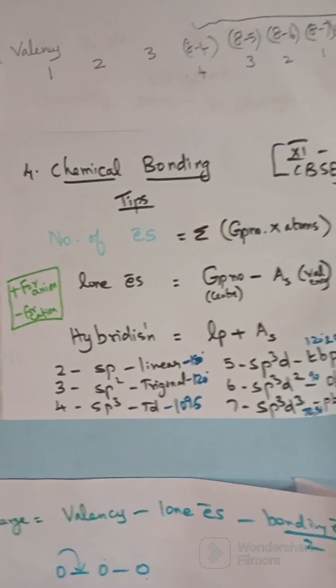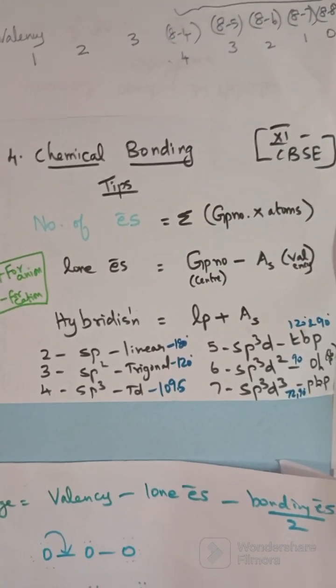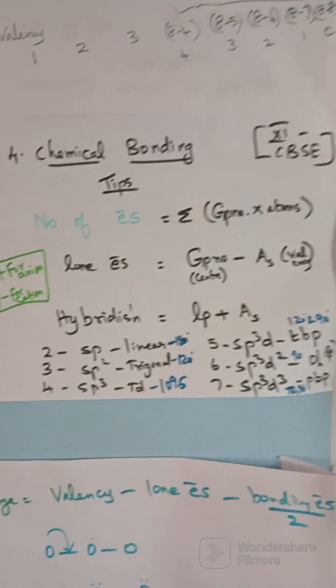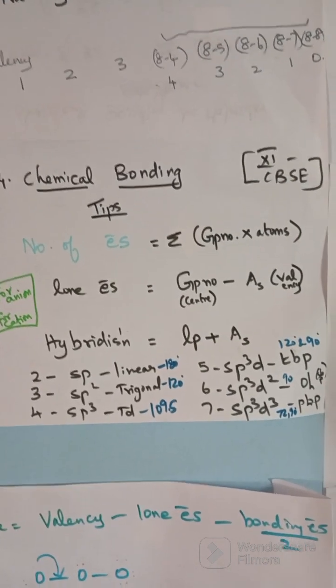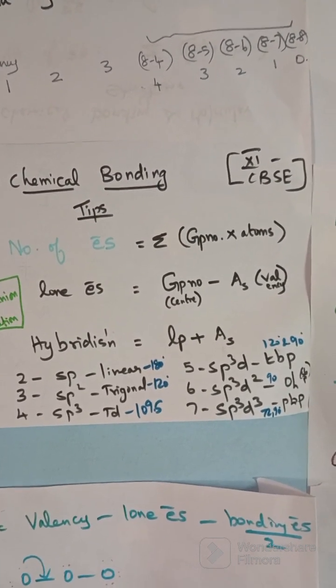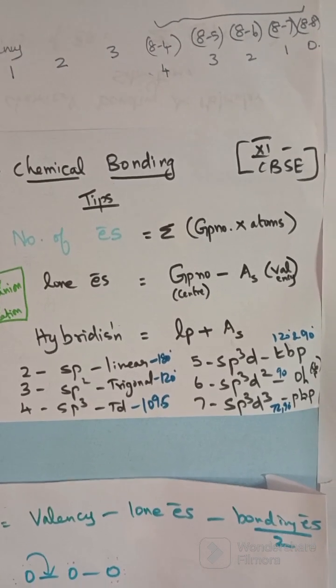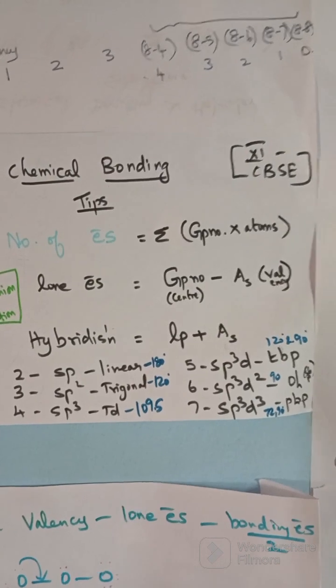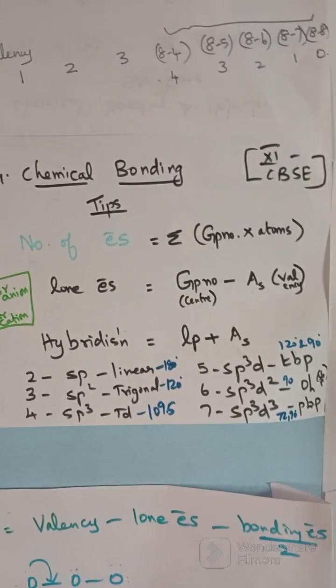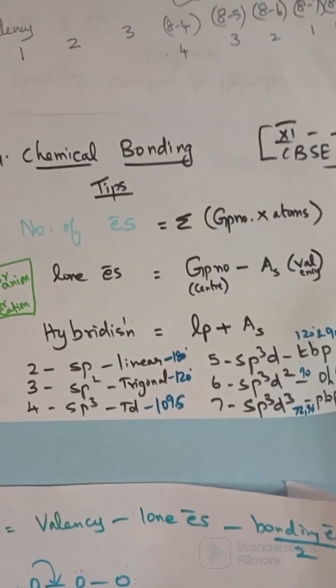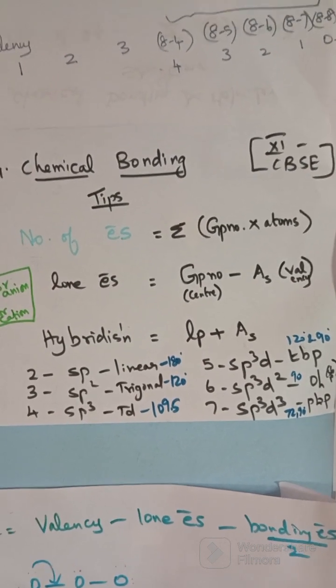A few simple mathematical formulas will help you to predict the geometry of the molecule. So the first one is to identify the number of electrons in a molecule. That we can find by the group number and the number of atoms in the molecule. You have to sum up the group number into the number of atoms.